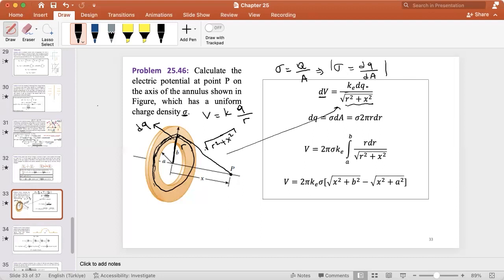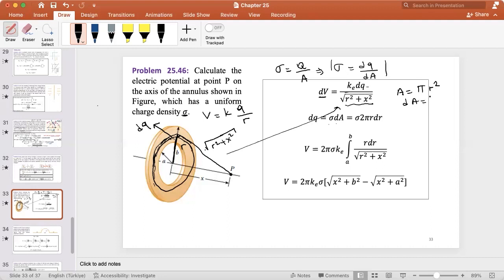Instead of dq, can I use this information? dq equals sigma dA. What is the dA? I know the surface equals pi r square. Sorry, I wrote it wrong. How can I take the derivative of these two parts?